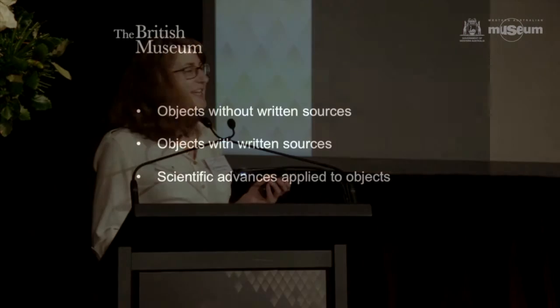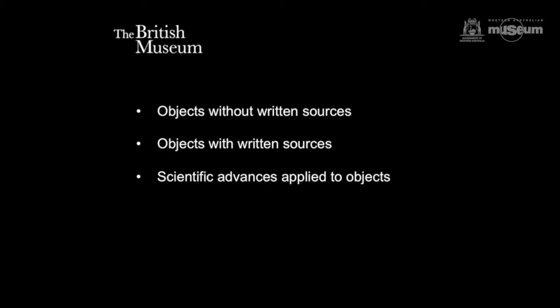kind of evidence. So with this in mind, I'm going to talk about some of the different ways in which we can do this using some of the objects which are on display in the exhibition. I'm going to look at this from what I see as three different but slightly related angles. First, those objects which can tell us about cultures for which there are simply no written sources at all, cultures that predate writing of any kind.